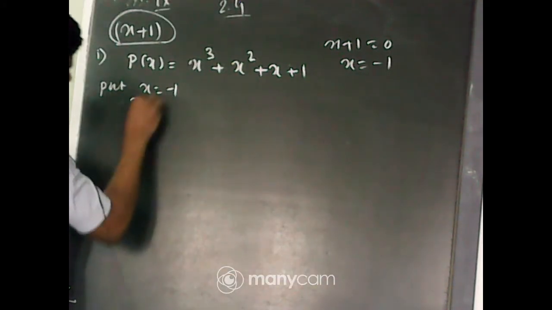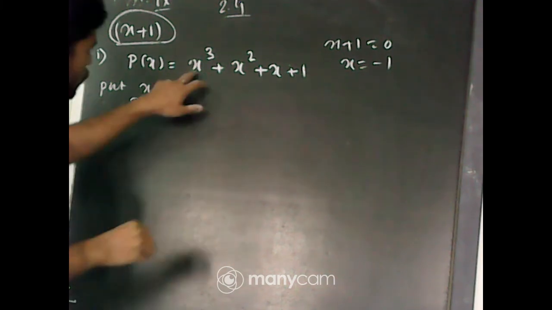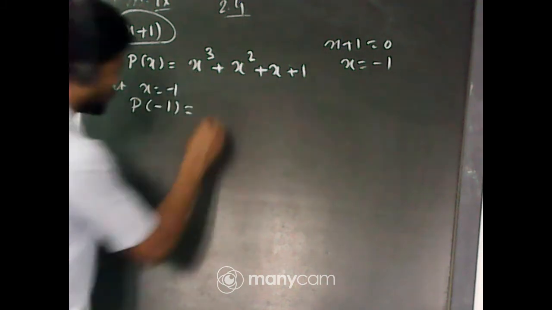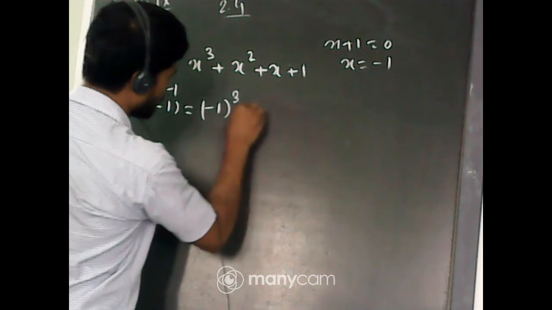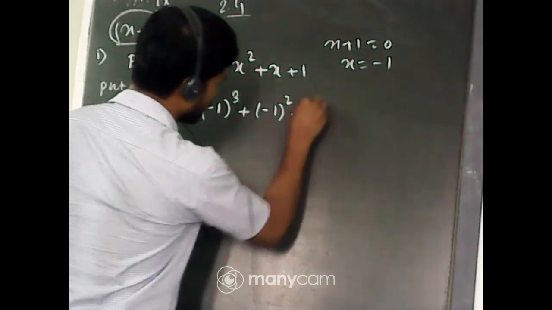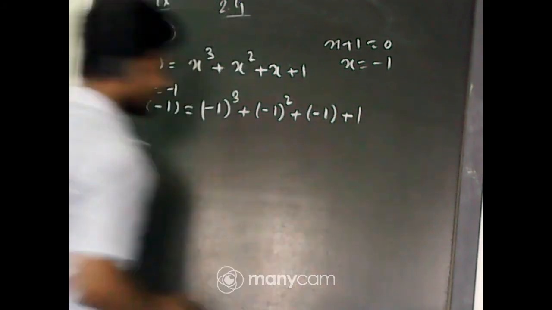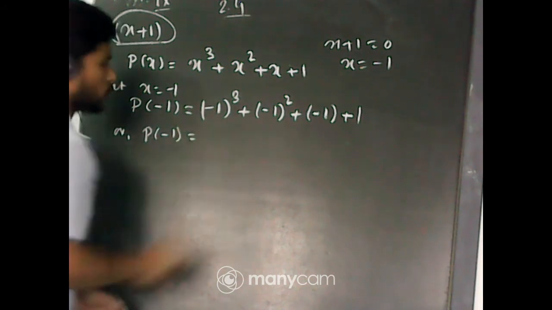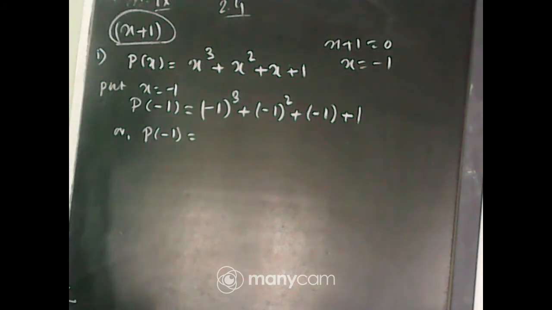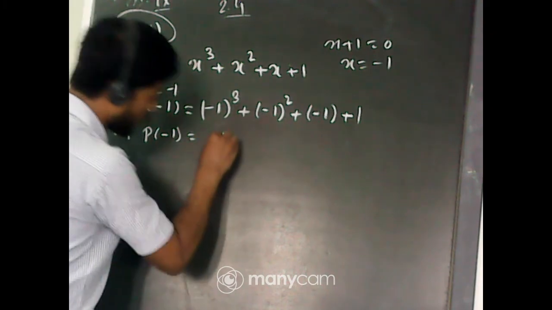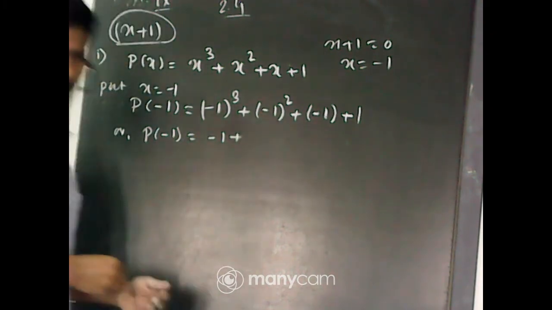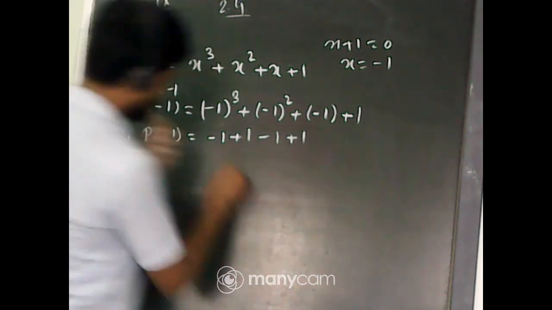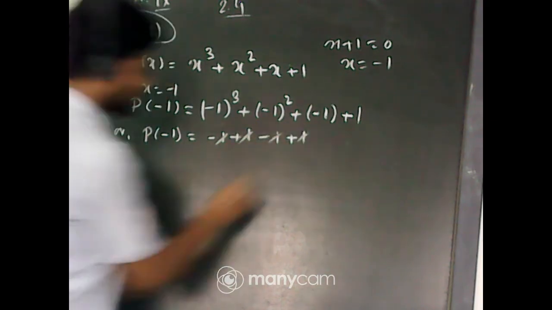So we have p of minus 1 equal to, now in place of x we have to put minus 1. So minus 1 whole cube plus minus 1 whole square plus minus 1 plus 1. Okay, now do the calculation. Minus 1 whole cube means minus 1, plus minus 1 whole square, that is plus 1, minus 1 plus 1. So look, minus 1 plus 1 minus 1 plus 1 will cancel each other.